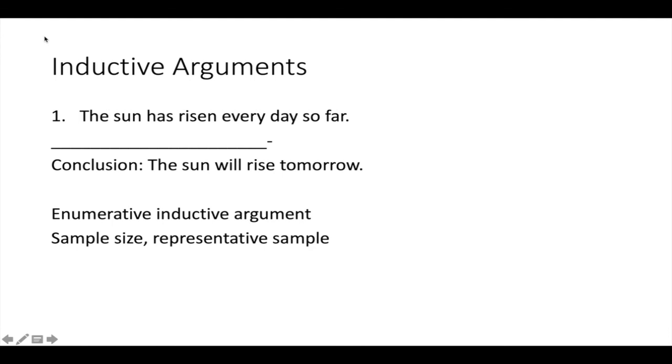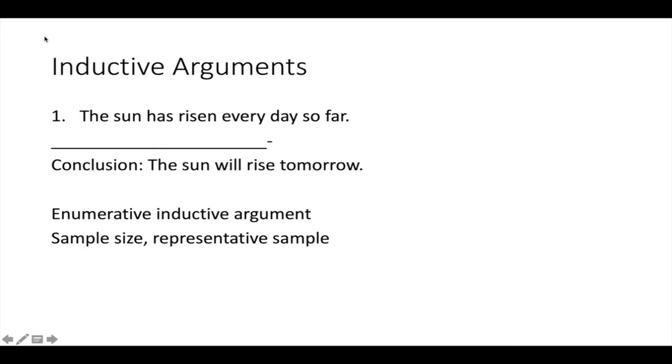Okay, so what's that mean? Well, the larger the sample size, again, we're in an enumerative inductive argument, we are making a direct observation of some limited number of things, and then we're extending our conclusion beyond what we've directly observed. What this is saying is that the larger the sample, the larger the number of instances that we've directly encountered, the stronger the argument is going to be.